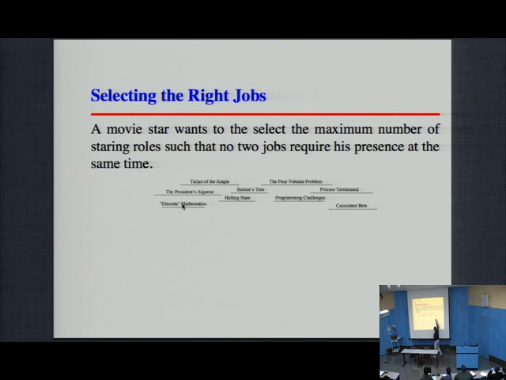Now, at that point, programming challenges only intersects one more, right? And now we've got those two. Oh, I guess this did, right? So this wouldn't intersect anybody. You get that one for free now, right? Let's keep going. Now, what would be the one that intersects the fewest?